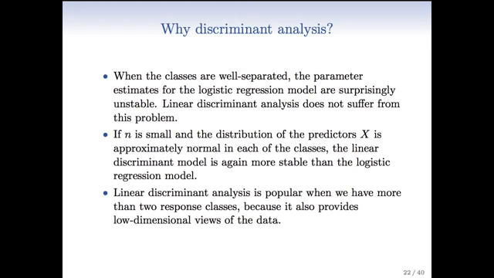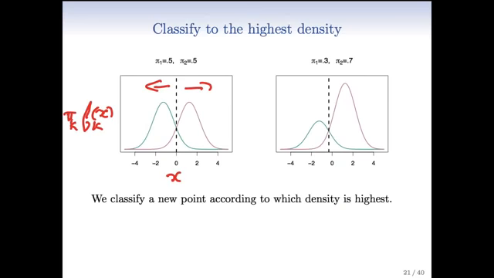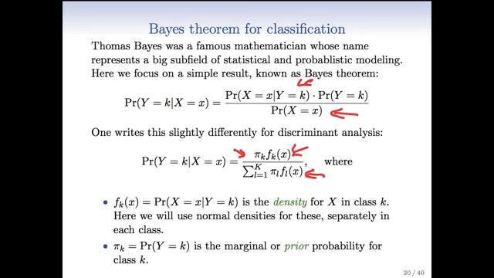And finally, if we've got more than two classes, we'll see that discriminant analysis gives us nice low-dimensional views of the data. The other point, remember, in the very first section, we showed that if you have the right population model, the Bayes rule is the best you can possibly do. So if our normal assumption is right here, then the Bayes rule from discriminant analysis is the best you can possibly do. Good point, Rob.